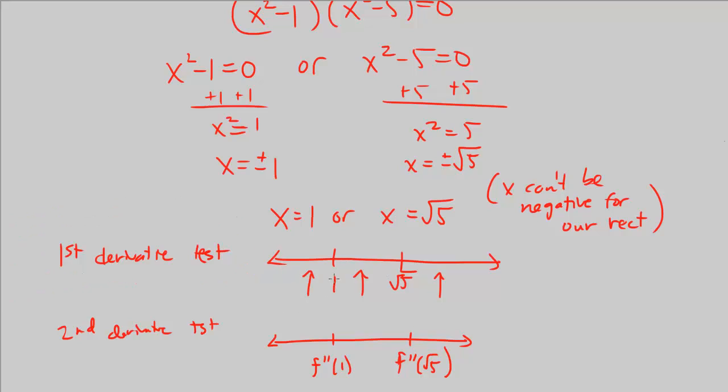To the left of 1 I'm going to use 0. In between 1 and square root of 5 I'm going to use 2. And over here I'm going to use 3. Why can I do that?